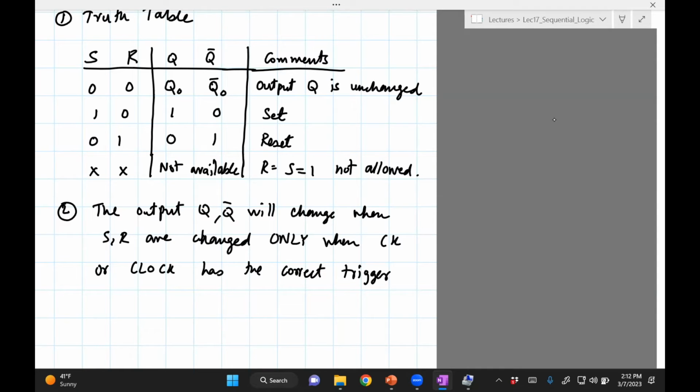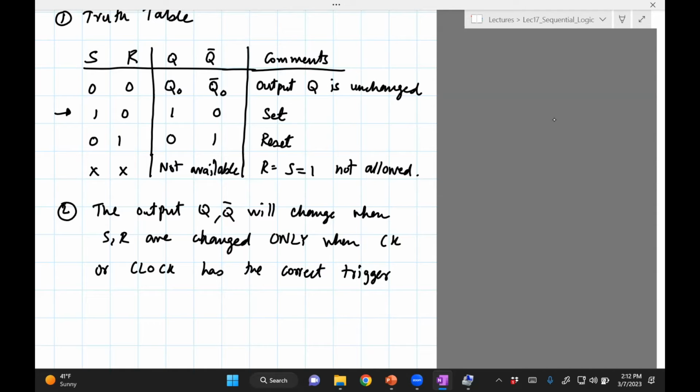Which means that if you want, for example, the first one or the second one to be set 1 and 0, and it's a positive edge trigger device, it will only get triggered when the clock goes from 0 to 1. That's for the positive edge trigger. If it's a positive edge trigger device and you go from 1 to 0, then that has no effect whatsoever on the output. So the clock has an important role. Without the clock, you cannot get the JK or any flip-flop to trigger.